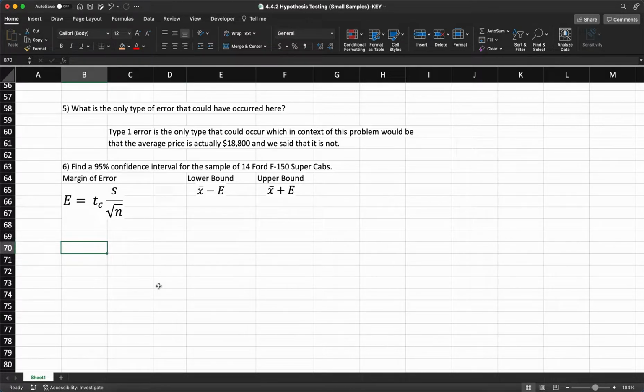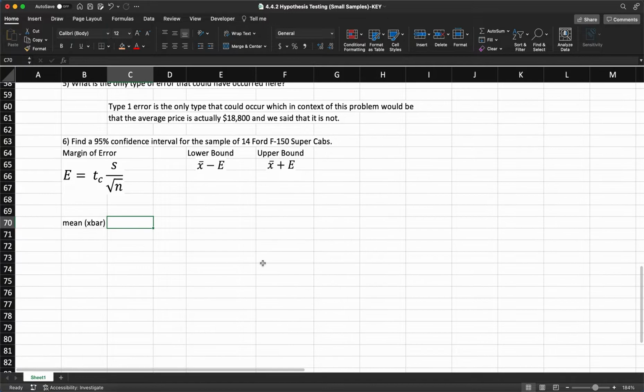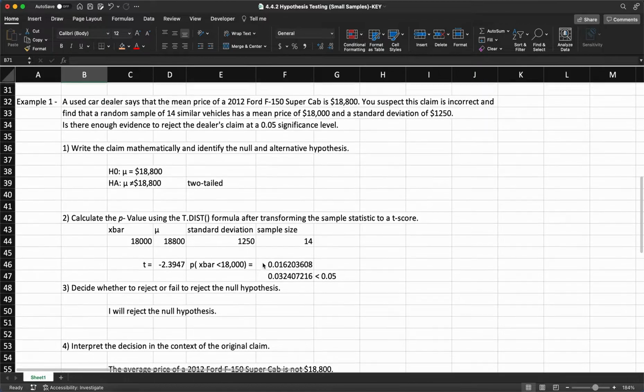So in this case, we know the mean, x bar. The mean was 18,000 for the sample that we found. We know that historically mu is 18,800, but I don't really care about that value.